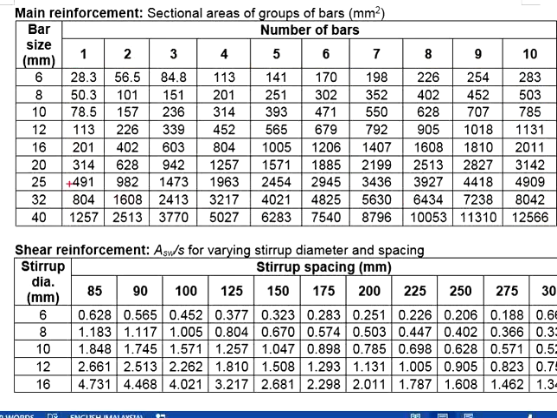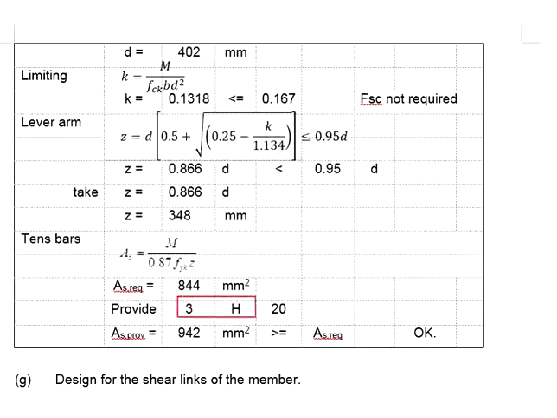Since the question specifies you are going to use the H20, you will require 3 numbers of steel bar H20 to have the bar area greater than 144. Therefore, you use 3 bars of 20 mm diameter, which equals 942, greater than 144. That means the amount of reinforcement bar provided is sufficient.